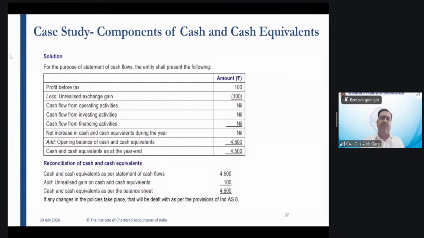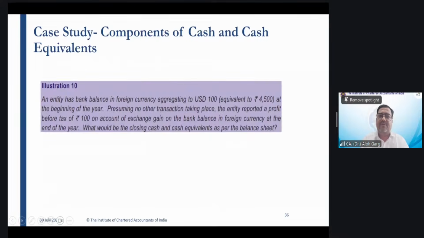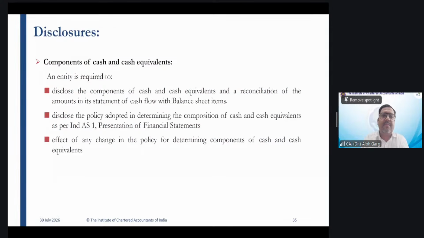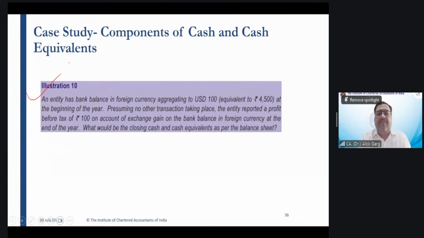Now, how are you required to show it? Let me show you how you are required to show it in the reconciliation of cash and cash equivalent. Just a minute. Illustration number 10. An entity has a bank balance in foreign currency aggregating to USD 100, equivalent to 4,500 rupees at the beginning of the year.